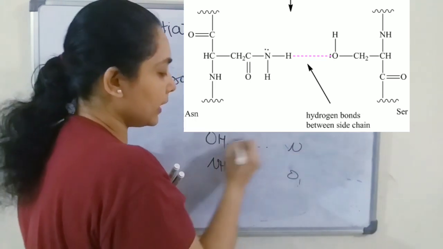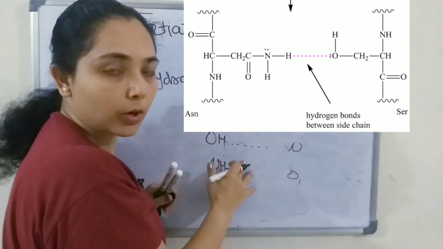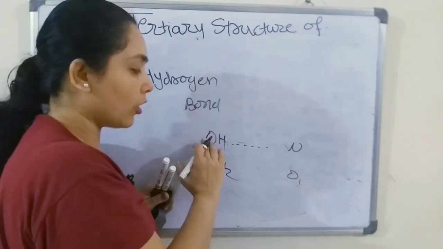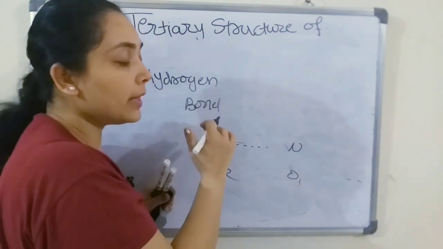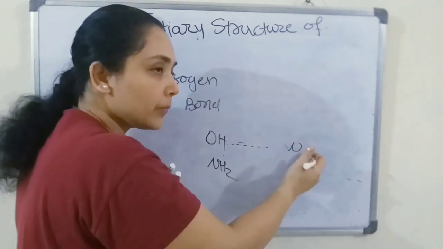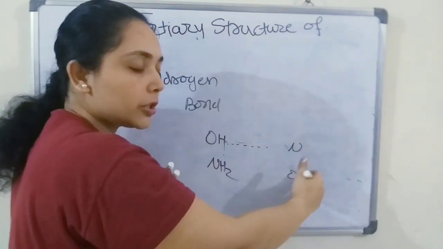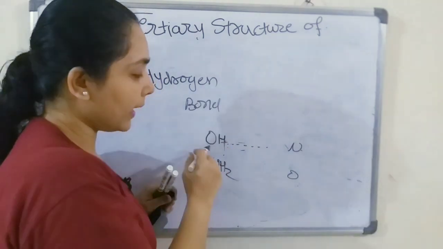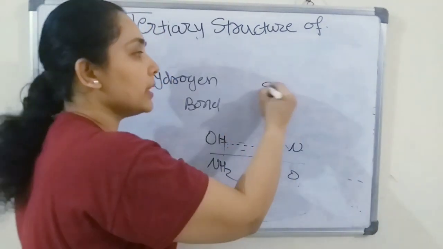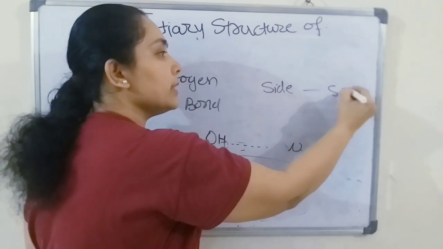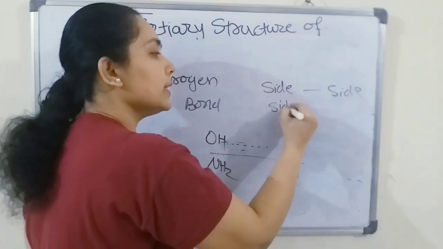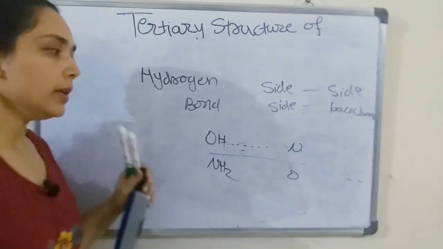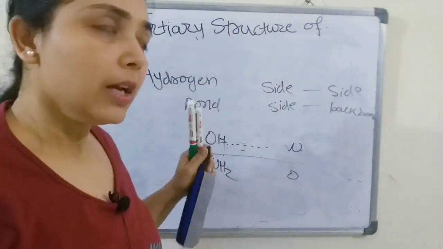This type of interaction is known as a hydrogen bond. A hydrogen atom bonded to oxygen or nitrogen in one amino acid can bond with the nitrogen or oxygen of another amino acid. These interactions can be present between side chain and side chain, or side chain and backbone. So this is the third type of bond, the hydrogen bond.